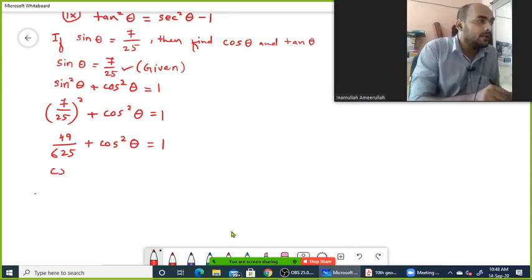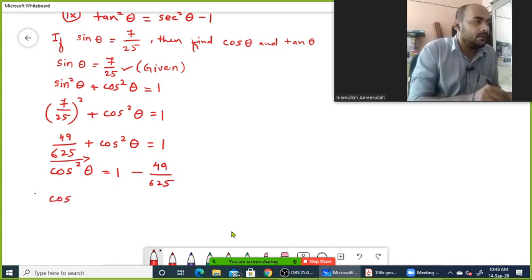Now keeping cos square theta on its place, 1 on its place, this is plus 49 by 625. When I bring it to the right hand side, it will become minus 49 upon 625.